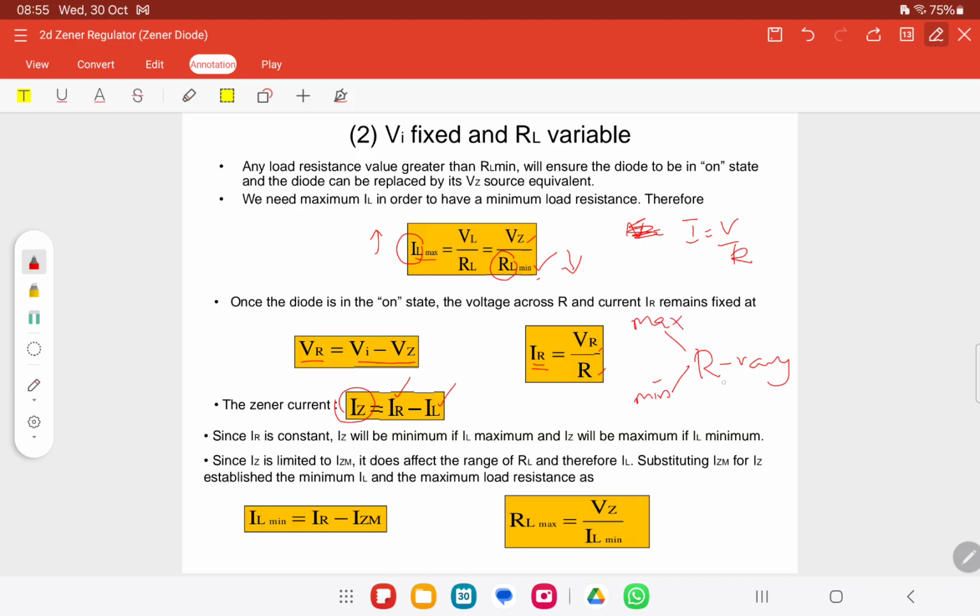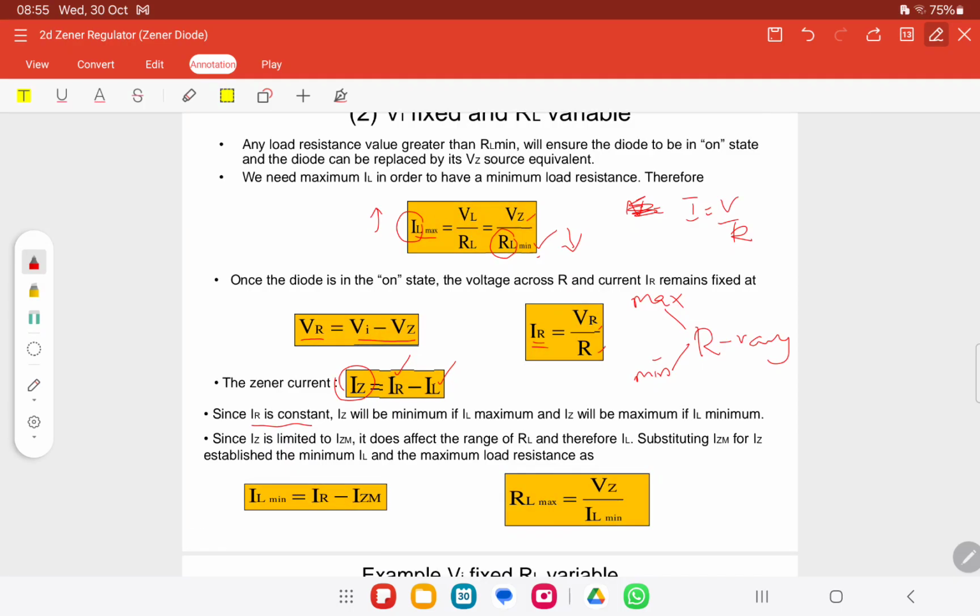Similarly for the current. Since IR is constant, IR does not change because we don't vary the input, IL will be minimum and maximum. So it will also affect IZ. If IL goes up, IZ goes down. That is the meaning of this point, because we fix one, the other two will change, either reduce or increase.